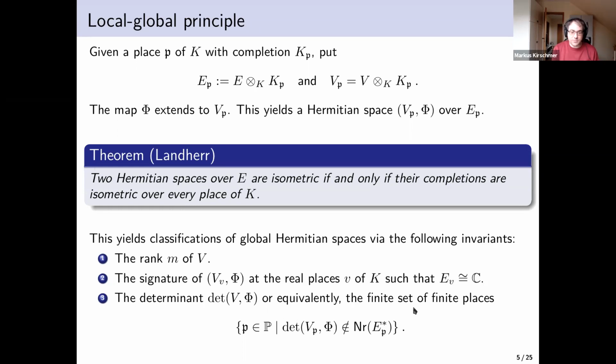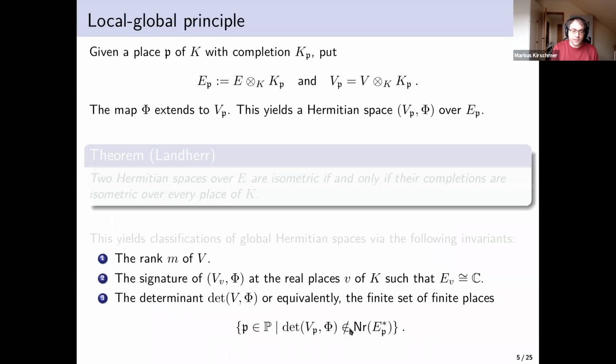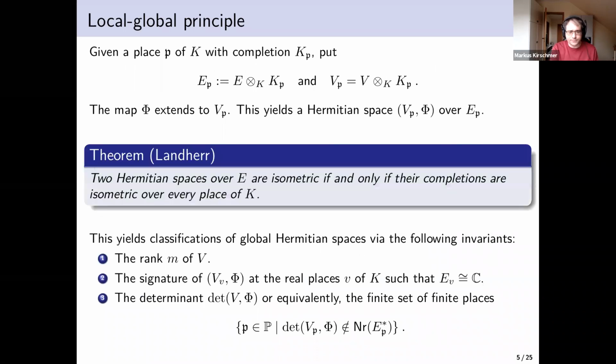And then at the finite places of K, either you tell me what the determinant is, or you tell me all the places where the determinant locally is not a norm. That is equivalent. So whatever you prefer, either the determinant, a number in K star, or the places where it's not the norm, whatever you prefer.